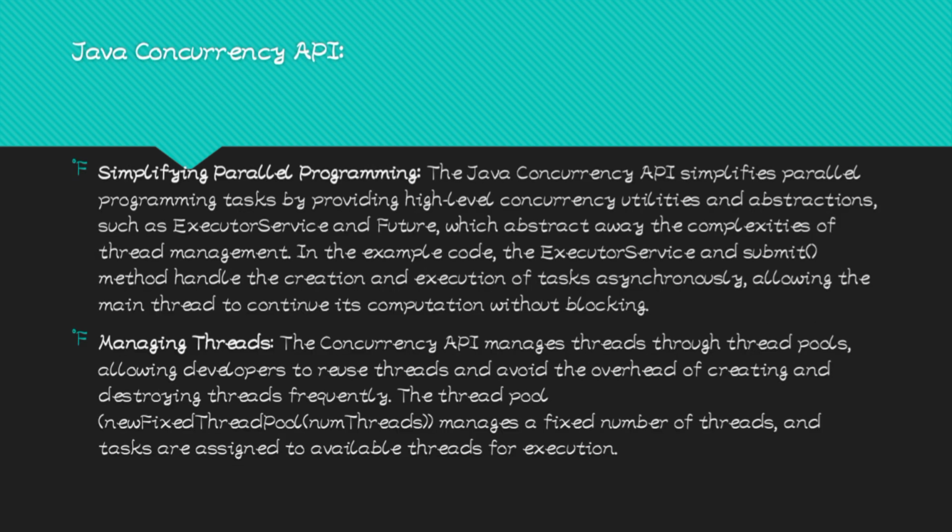So let's also see how the Java Concurrency API simplifies parallel programming. It simplifies parallel programming by providing high-level concurrency utilities and abstractions such as the ExecutorService and Future, which abstract away the complexities of thread management. In the example code I gave above, the ExecutorService and submit method handle the creation and execution of tasks asynchronously, allowing the main thread to continue its computation without blocking.